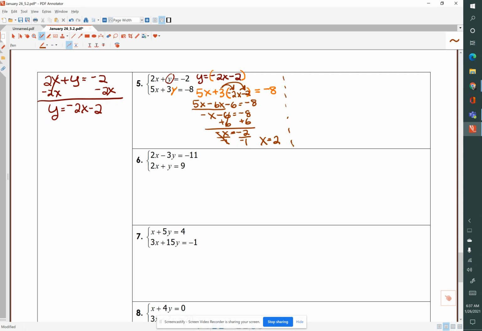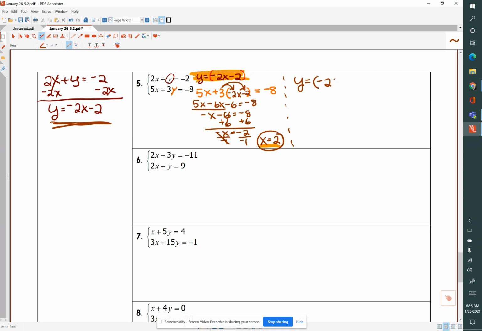Now we'll make that substitution, that 2, we will substitute in, let's go to our slope-intercept version, okay? We have it up here as well. Here is our slope-intercept version. We're going to use that equation, and for x, we are going to substitute 2. So y equals negative 2.